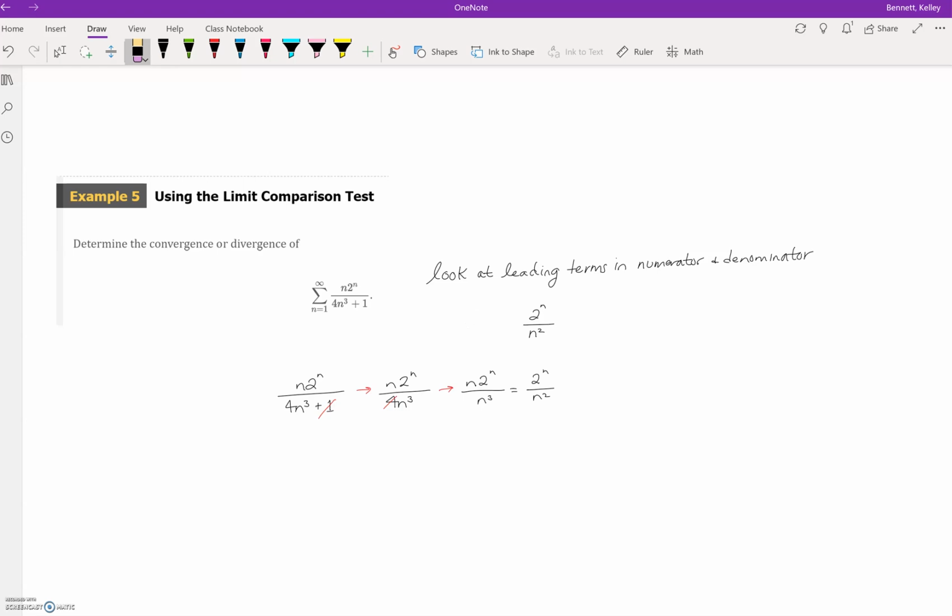So because we end up with 2 to the n over n squared, we're going to choose this as our series for comparing.